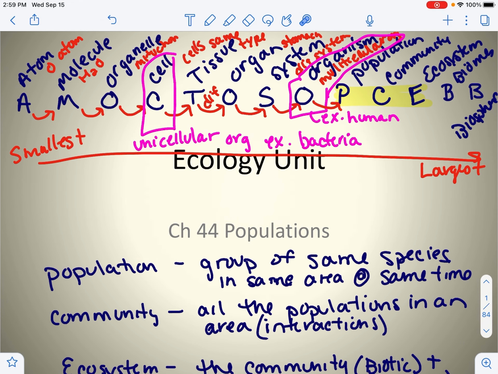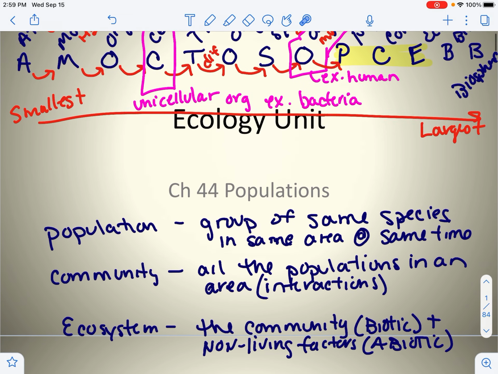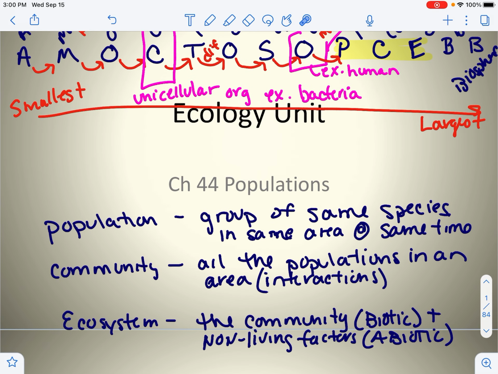They're getting into bigger and bigger organization. I have a population defined down here, so you guys can stop and screenshot or whatever. Populations is chapter 44, which we're doing right now. Then communities is chapter 45. Ecosystems is chapter 46.